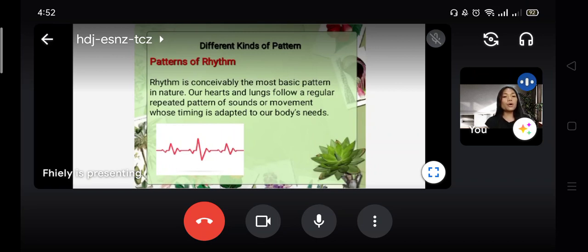As we can see in the picture, the pattern is the heartbeat. It is called the most basic pattern in nature because every human breathes and has a heartbeat. It is regular if our heartbeat is normal.